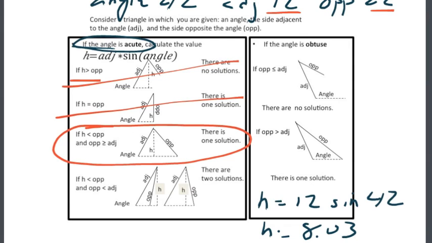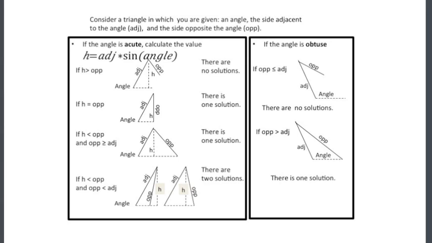Just to illustrate another type of this problem, let's try again with example number 4. So in this case, we have an angle is 85. The side opposite that angle is 15. And the side adjacent to the angle is 25.